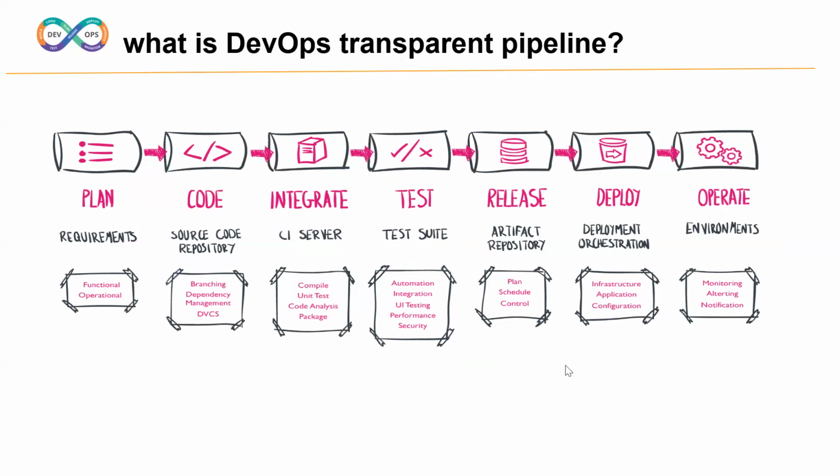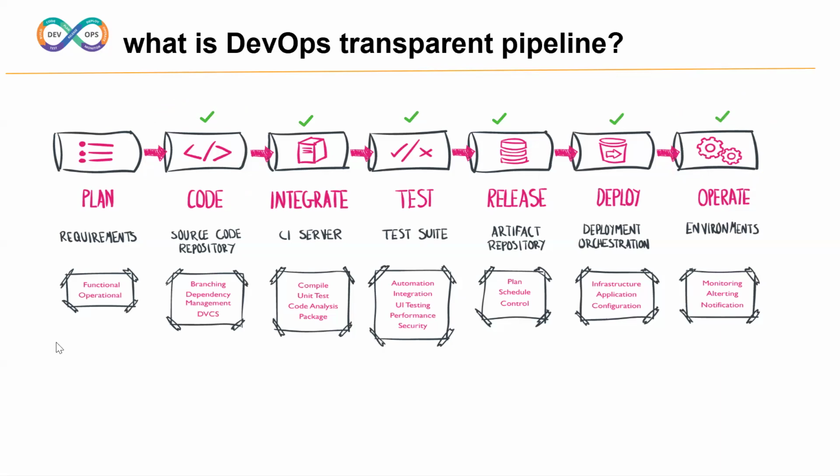In this DevOps transparent pipeline, our roles and responsibilities start from the dev environment and end with what? Operation. That means we are part of coding, integration, testing, release, deploy, operation.